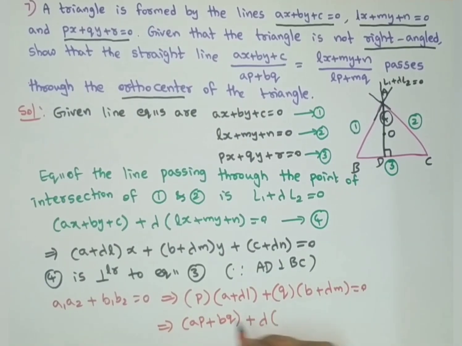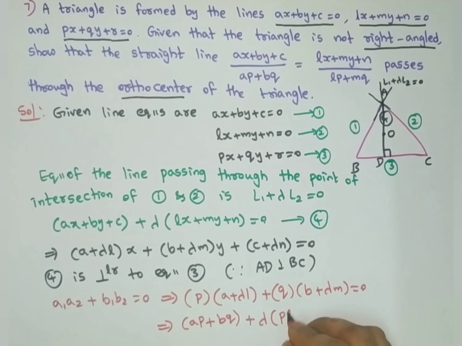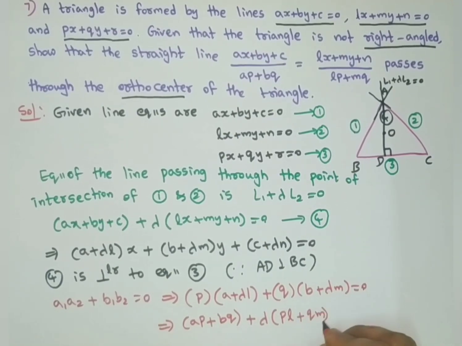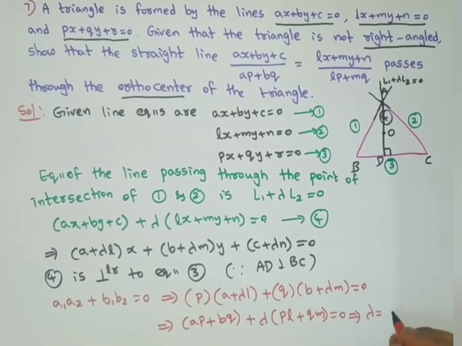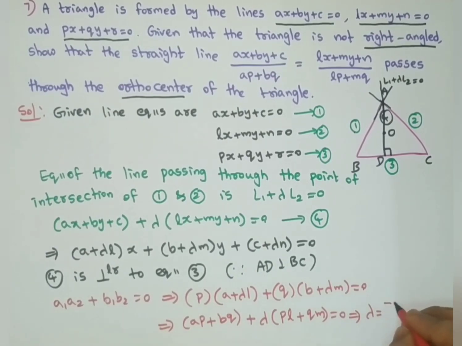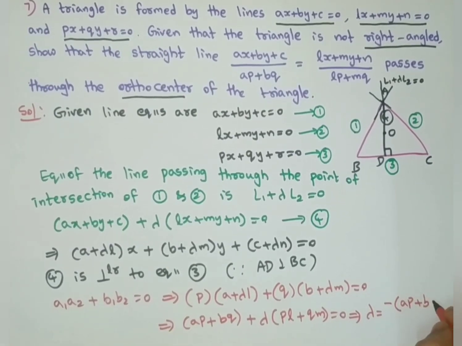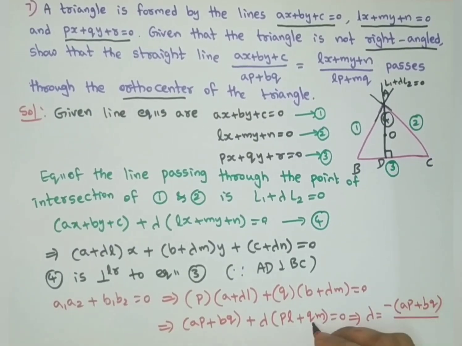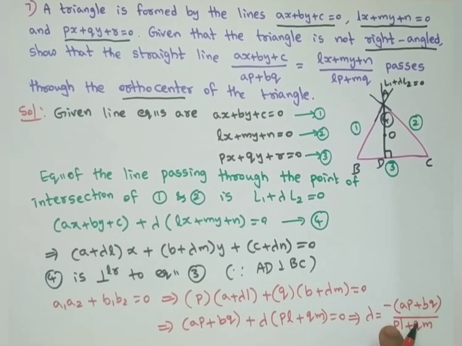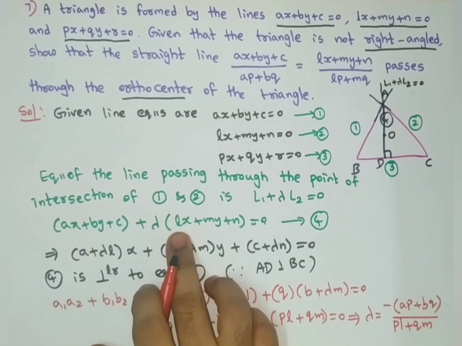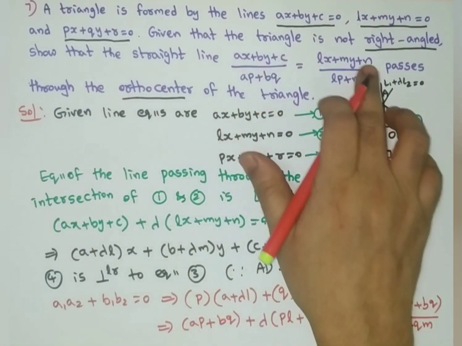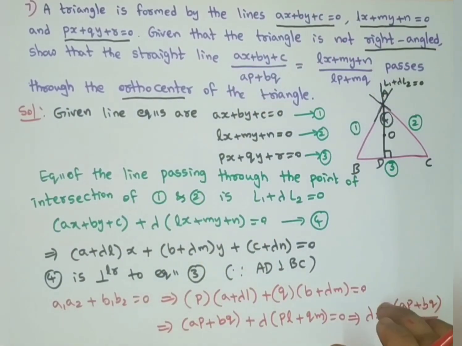Now by taking common lambda, pl plus qm is equal to 0. From this, what we are able to write lambda as minus of ap plus bq by pl plus qm. Now substitute this lambda value in equation 4, then we will get the line equation of AD which is passing through the orthocenter.